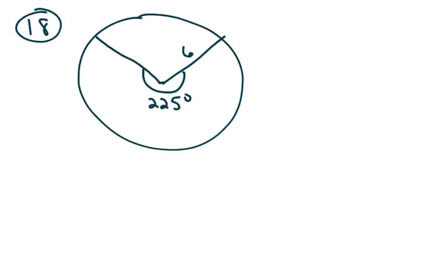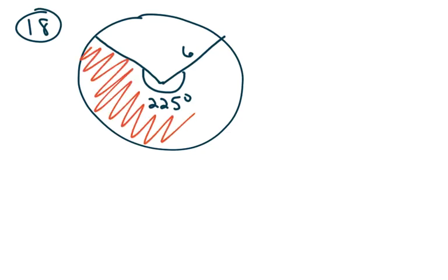In problem number 18, find the area of the sector whose central angle is 225 degrees and the radius is 6 meters. I should put a little meters there. Okay, so again, we did this in geometry. What happened was the area of the sector was really just a percentage of the full circle's area.